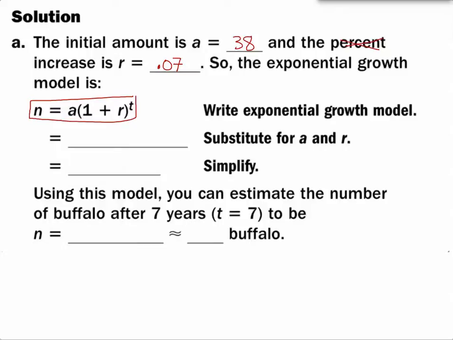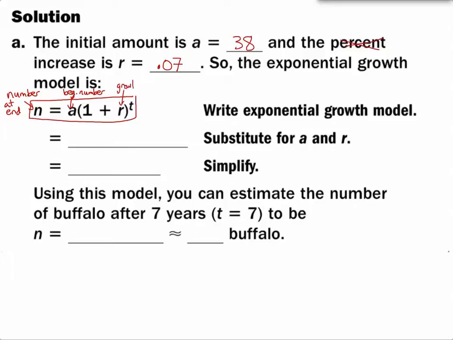Hopefully explanatory, but maybe not. N is the number you have, maybe number at the end, because A is the number at the beginning, so beginning number. R is the growth rate.